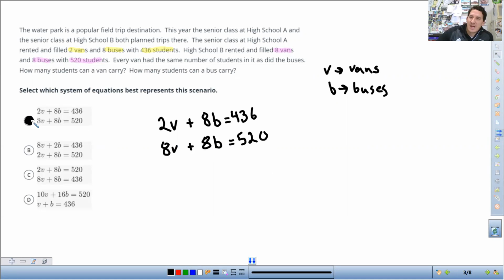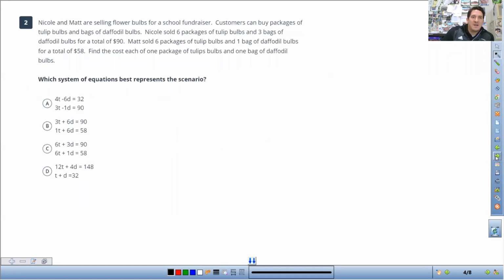All right, let's look at another example. Nicole and Matt are selling flower bulbs for a school fundraiser. Customers can buy packages of tulip bulbs and bags of daffodil bulbs. So right away, I'm going to use T for tulips and D for daffodils.